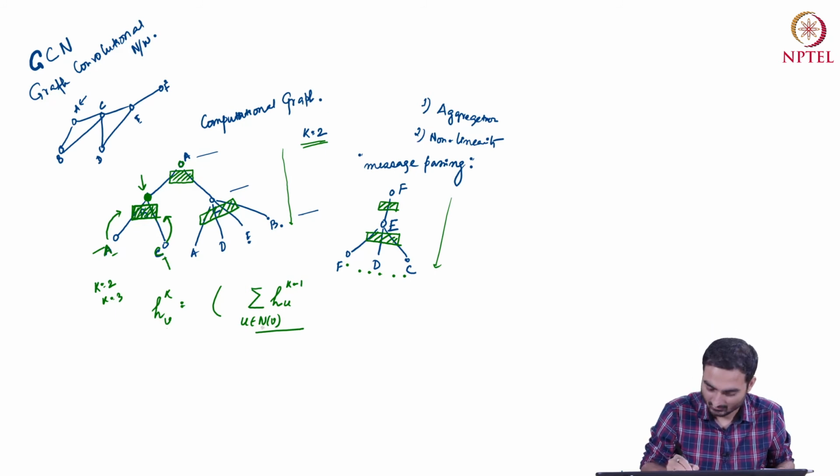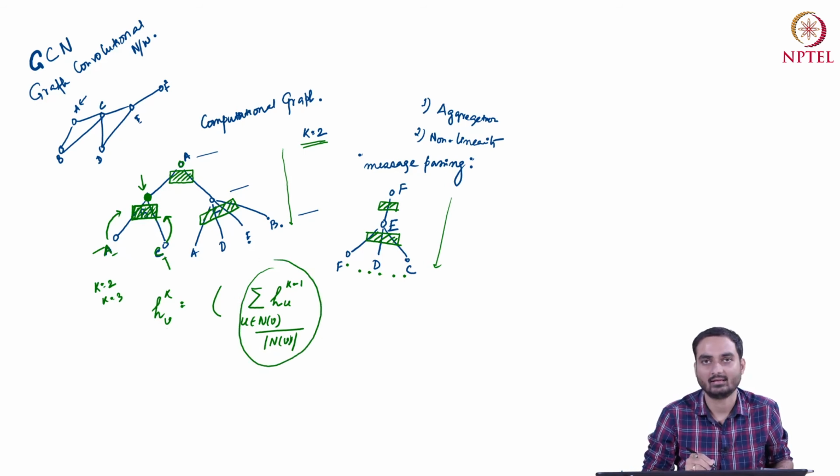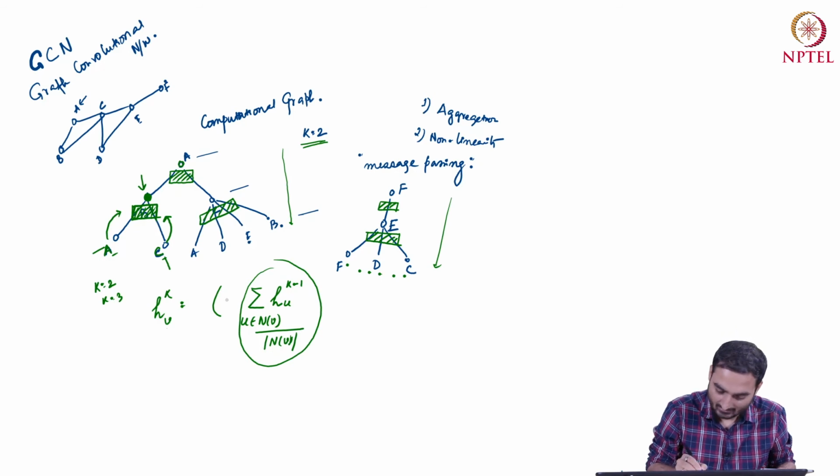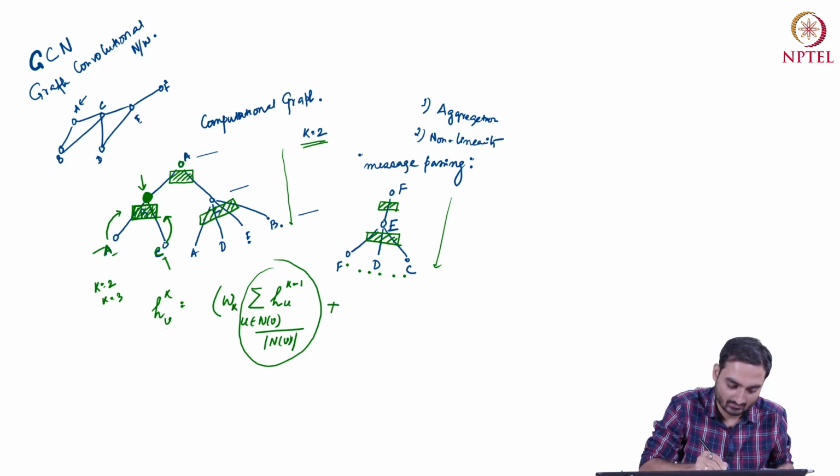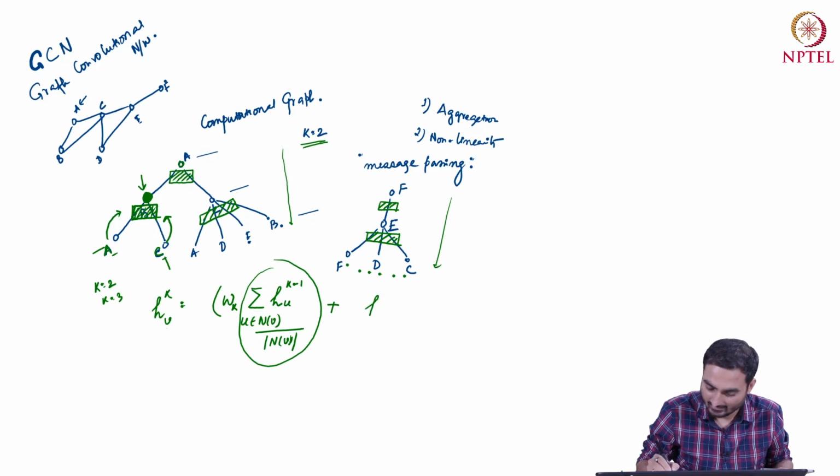So, this is the mean aggregation of V's neighbors, and you have a parameter Wk with this, and you have another piece of information coming from this node, which is H of V at k minus 1.